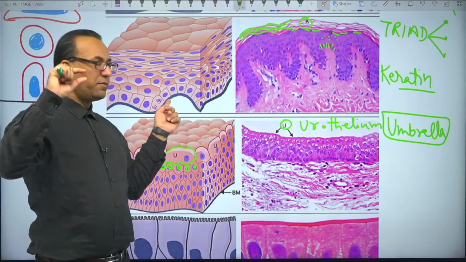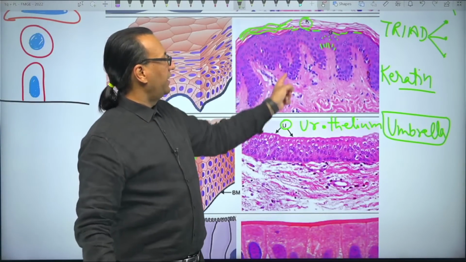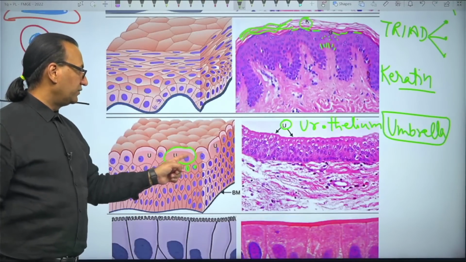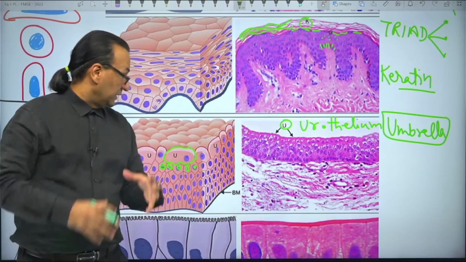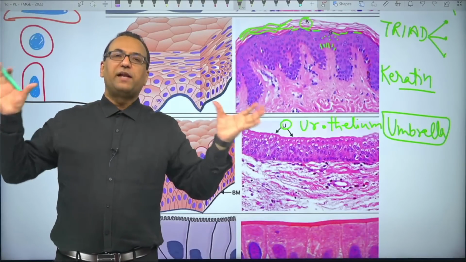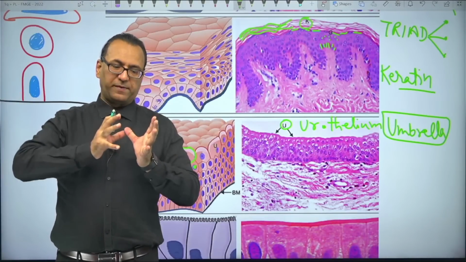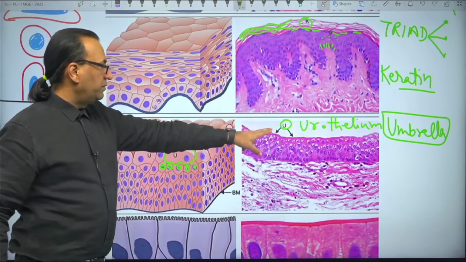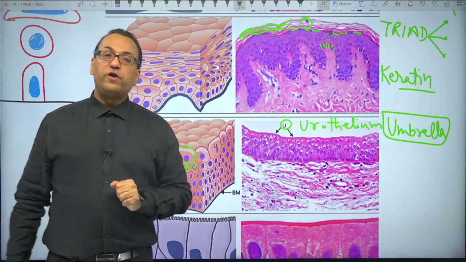तो ये स्ट्रेटिफाइड स्क्वामस का अपीयरेंस है जो कि आप यहाँ पर भी देख पा रहे हैं, और ये यूरोथेलियम का अपीयरेंस है. ये सेल जो ल्यूमेन की तरफ है, इसकी खासियत यह है कि स्ट्रेचेबल है. इसके पास रिजर्व सेल मेम्ब्रेन होती है. यूरोथेलियम जैसे कि यूरेटर या यूरिनरी ब्लैडर.